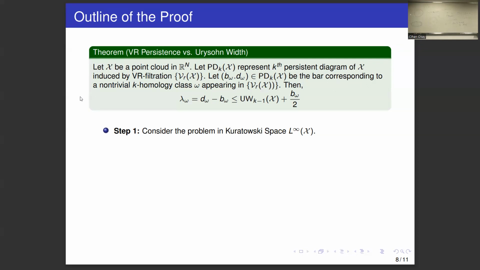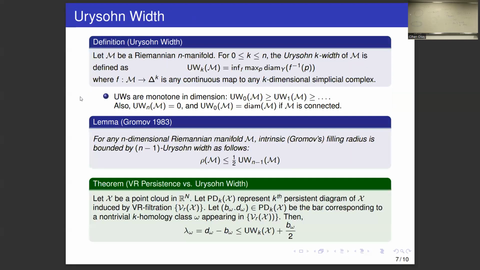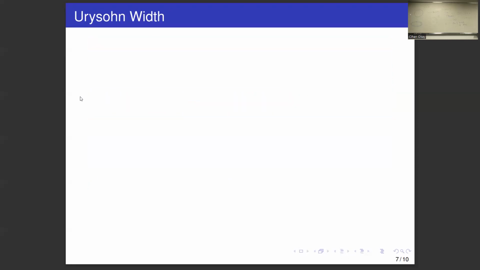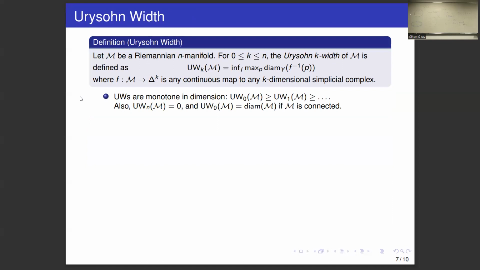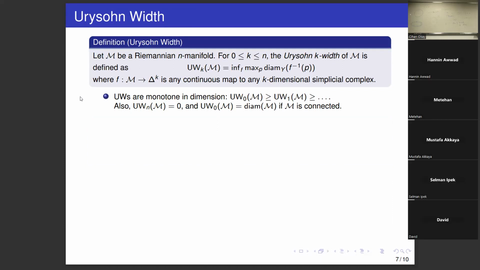So what he did is, this is the definition of Urysohn width, and there is a K here which is very crucial. Let me give you one simple example to understand what's going on.